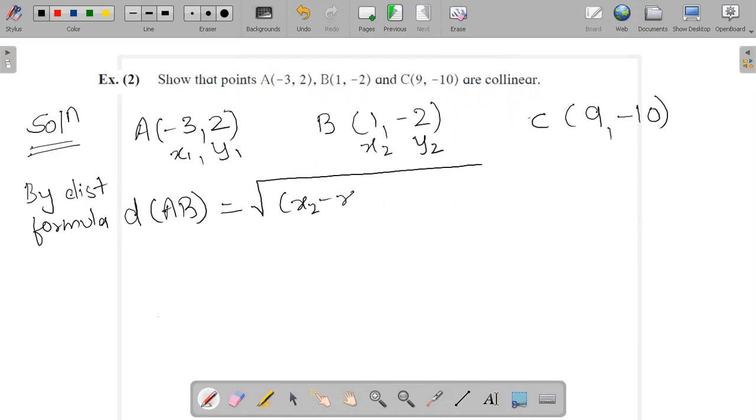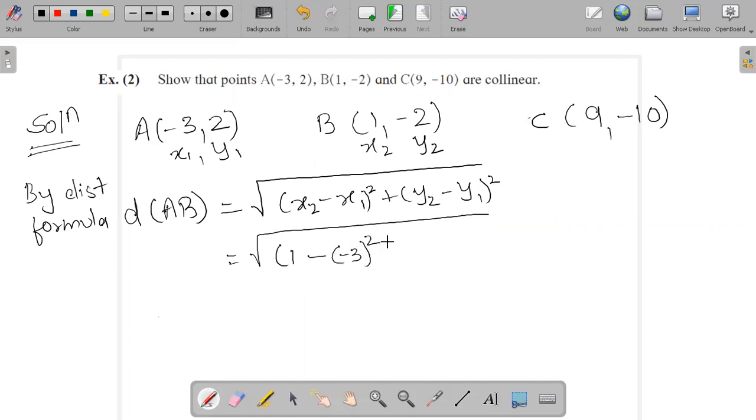So x2 minus x1 the whole square plus y2 minus y1 the whole square. Now, can you tell me what will be x2, x1, y2, y1? x2 is 1, x1 is -3, the whole square. y2 is -2, and y1 is 2.